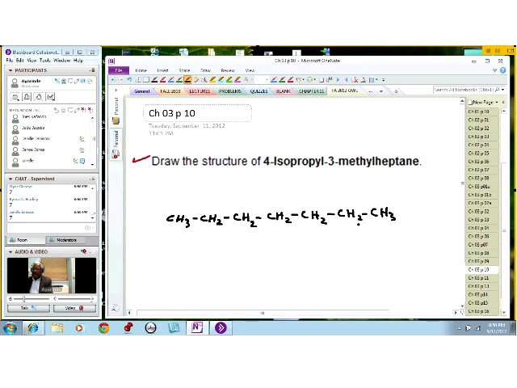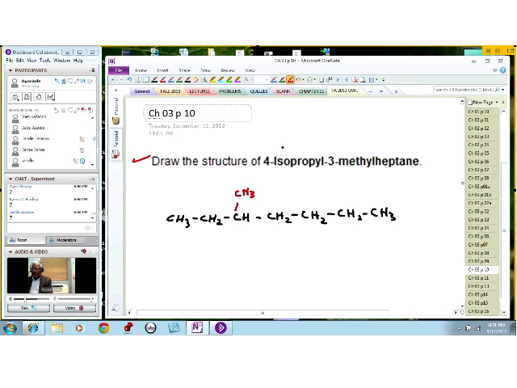Okay, so this is a heptane molecule. And then they say in the 3 position you have methyl. So I have to remove a hydrogen. Do not make the mistake of simply adding methyl to this. In that case, you will be violating the valence rule and the octet rule. So remove the hydrogen and then place the methyl here.